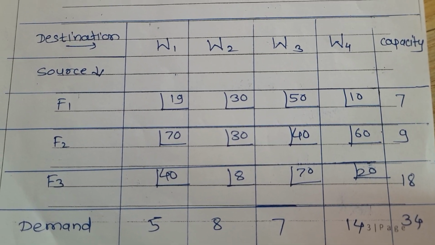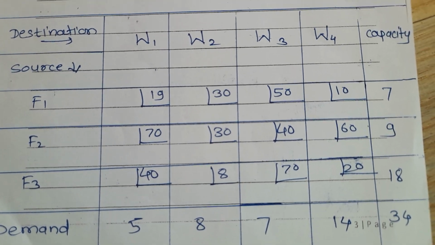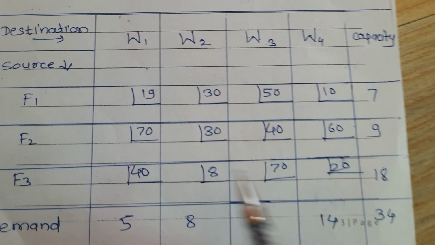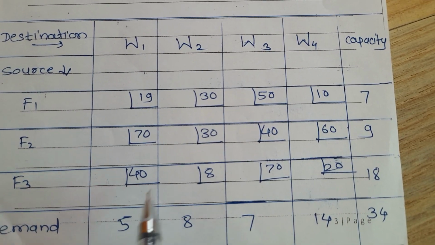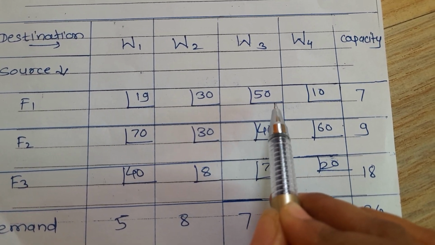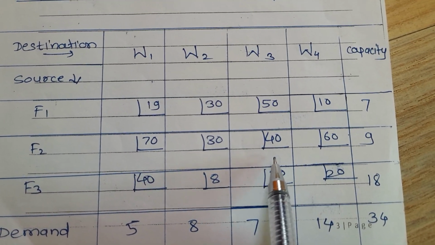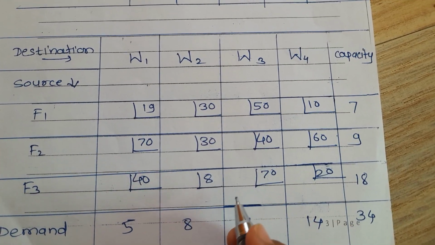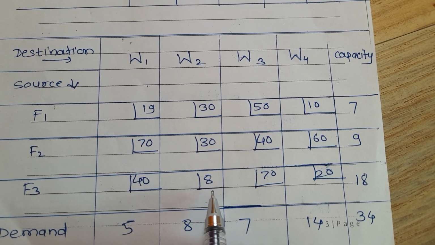Okay, and it is also called the lowest cost entry method. It means we start here with the lowest cost of this matrix. See this matrix. In this matrix, which is the lowest cost? Here is 19, here 30, here 50, 10, 70, 30, 40, 60, 48, 70 and 20. In this, which is the lowest cost? 8 is the lowest cost.